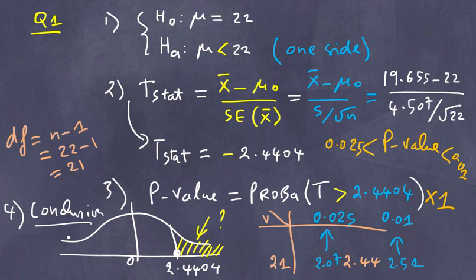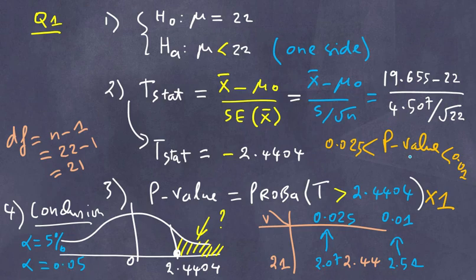Now in step 4, we reach the conclusion. We compare the p-value to alpha, the significance level, which is 5% or 0.05. Is the p-value smaller or greater than alpha? Well, any number between 0.025 and 0.01 is smaller than 0.05.